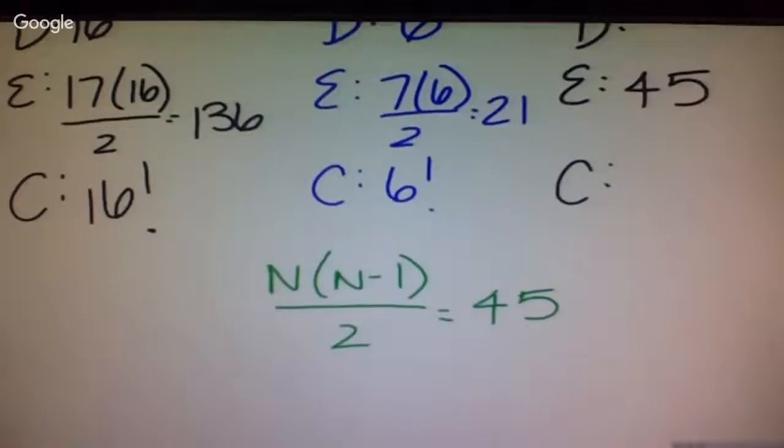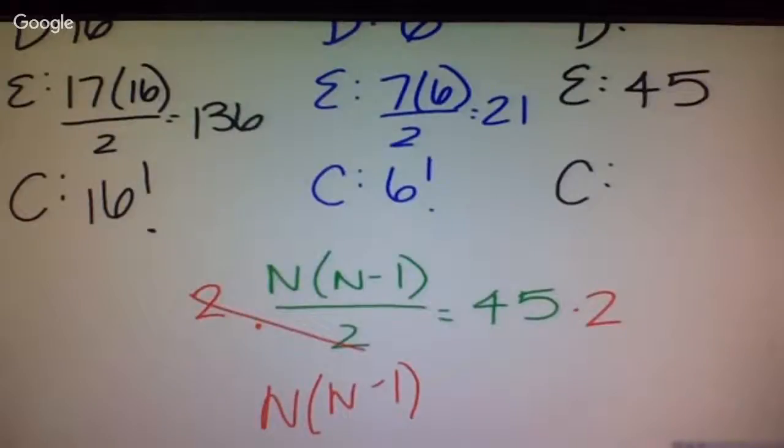First thing I need to do is get rid of this 2. Because it's being divided, I multiply both sides by 2. So that means I've got n times n minus 1, because these cancel, equals 90.